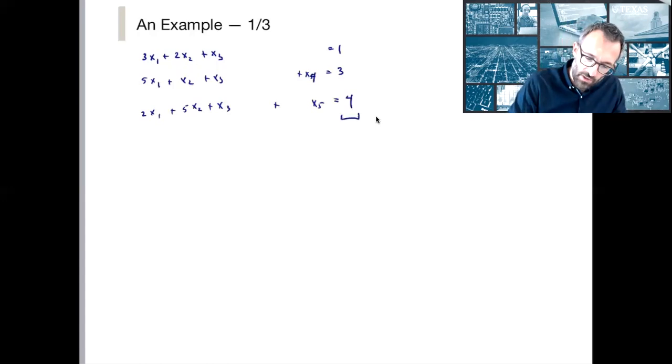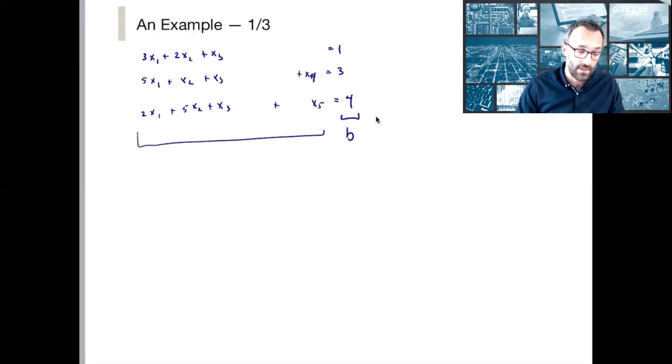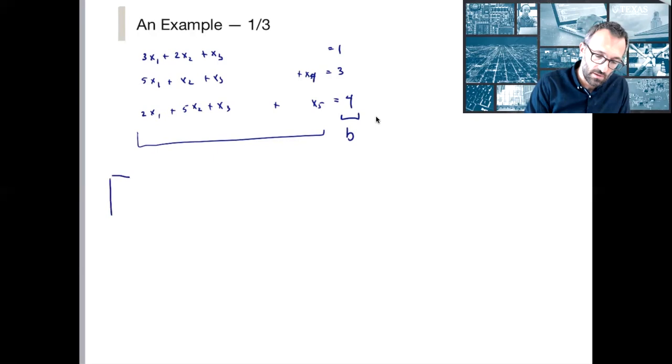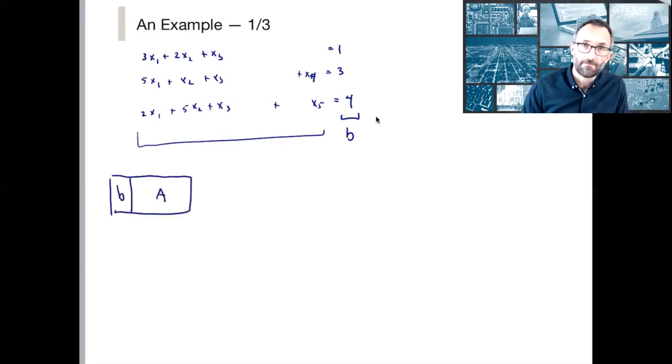Okay, so this is my vector b, and the coefficients here are my vector a. So let's quickly write down the information as b a. Okay, so I've got 1, 3, 4. This is my b vector. And now I'm going to write my a vector.